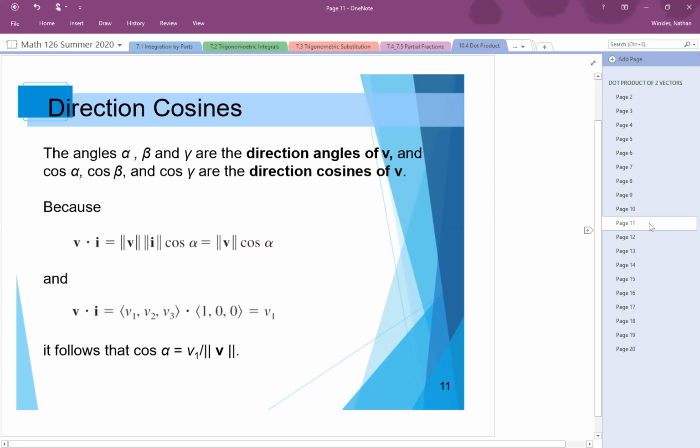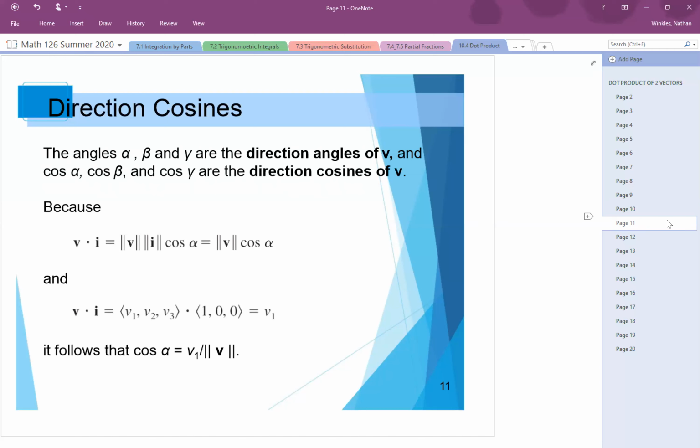So the angles alpha, beta, and gamma are the direction angles of v, and cosine alpha, cosine beta, and cosine gamma are the direction cosines of v. Because v dot i is equal to the magnitude of v times the magnitude of i times cosine alpha, which we'll simplify to magnitude of v times cosine alpha, because i is our standard unit vector, so it has a magnitude of 1 always.